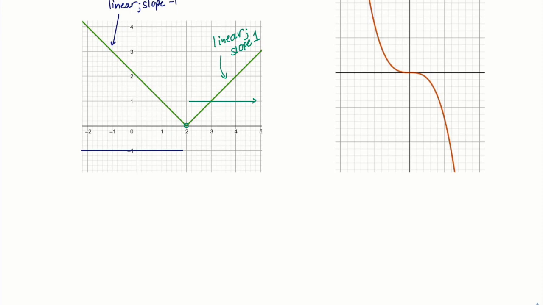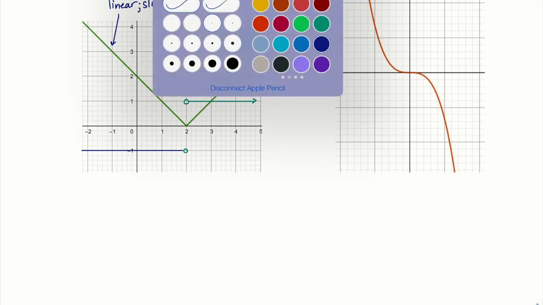And since the two sides are doing different things, right at that corner, we're going to have two open circles because there's an abrupt change in the slope right there. It's not a smooth transition from one to the other. We have up to that point to the left, slope -1, and after that point to the right, slope 1. And then right at that point, we will just have open circles indicating that the derivative there doesn't exist.